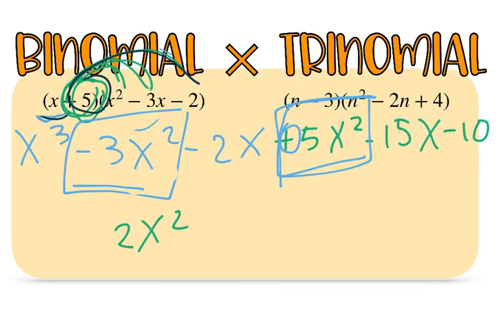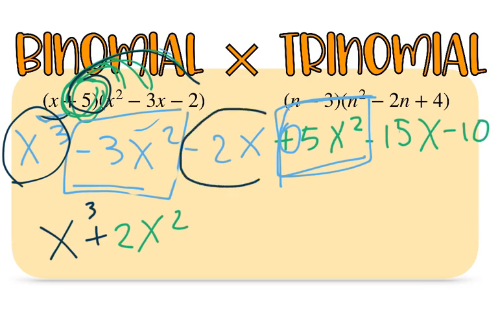One easy one that I could look at even just right now is, does x cubed have any other cubes that I could combine it with? Here there's not a cube, here there's not a cube, and here there's not a cube. So that x cubed is kind of just something by itself, so I don't have to combine that with anything, and I can already write that down to my final answer. And it looks like the only other thing that can be combined is this negative 2x and the negative 15x.